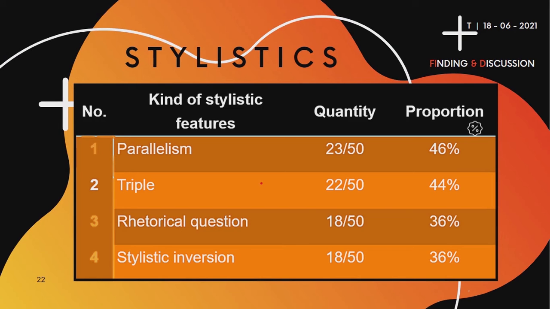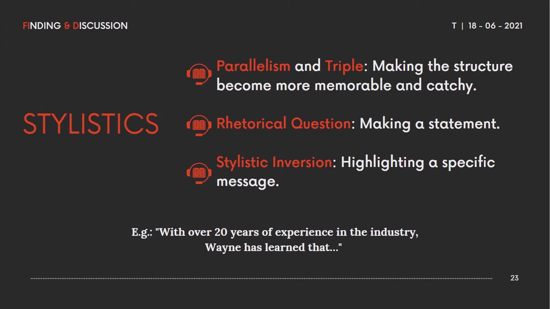Stylistics. After applying the calculating formula I have mentioned before, I have given this table. Looking at the table, we could see that stylistic devices are not regularly used in the advertorial because all of them account for less than 50%.